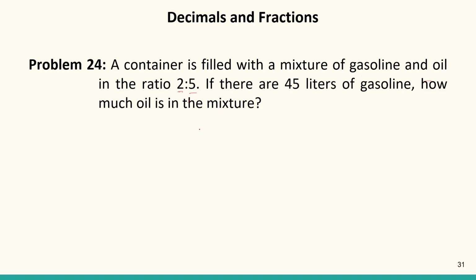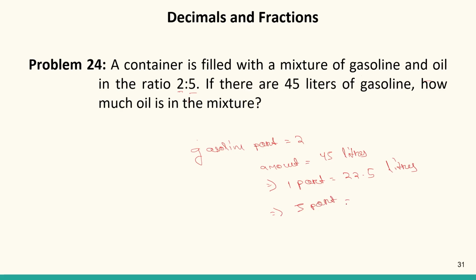Okay, so in part, gasoline part is equal to 2, and amount is equal to 45 liters. So this implies that one part is 22.5 liters. So this implies that 5 parts is equal to 22.5 into 5.